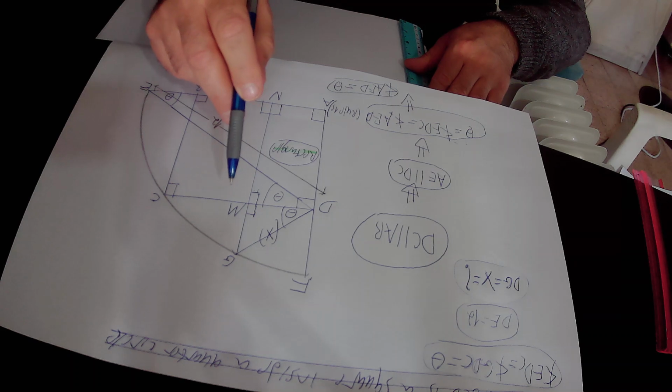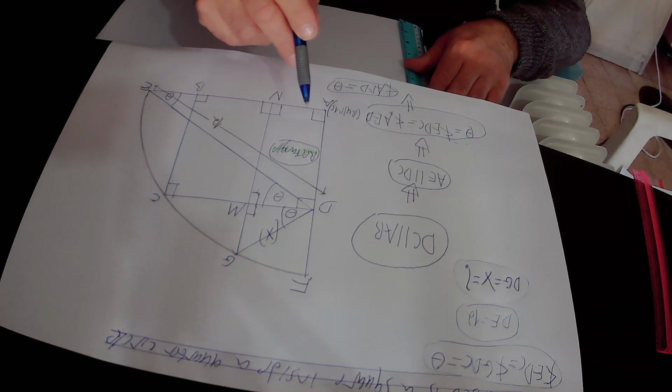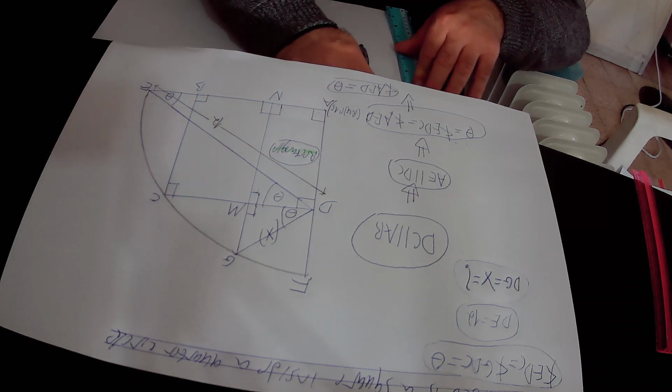The hypotenuse GD of the right triangle GMD is equal to x according to what is given in the question.